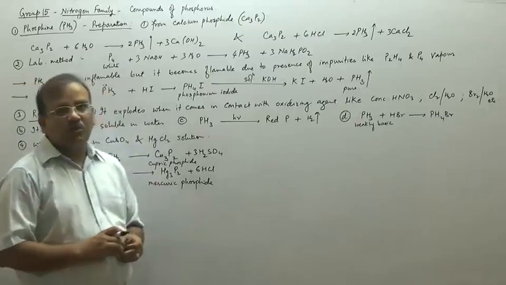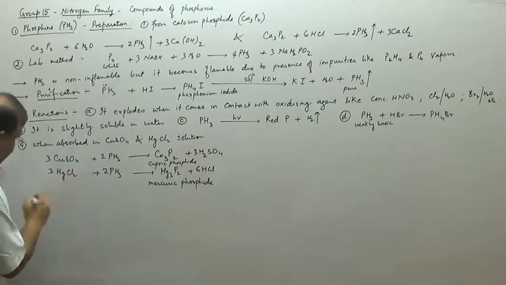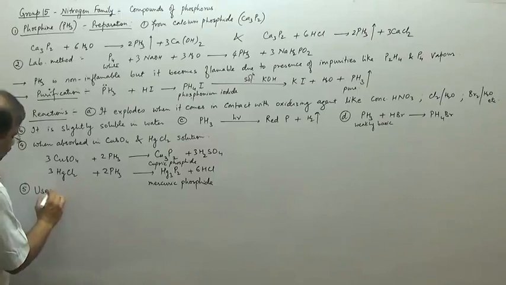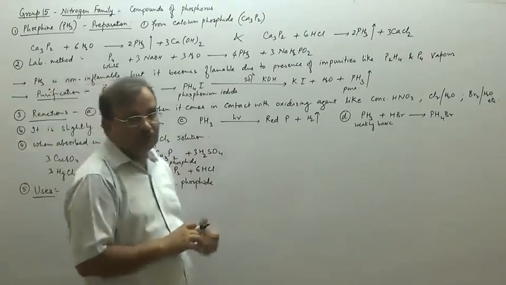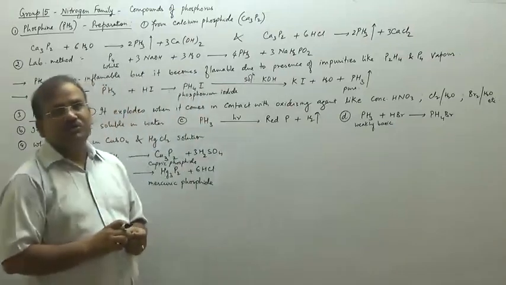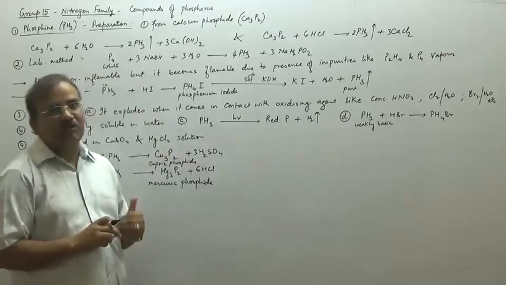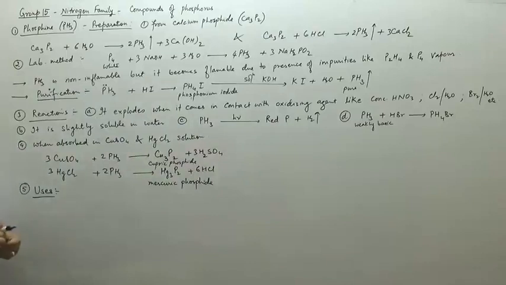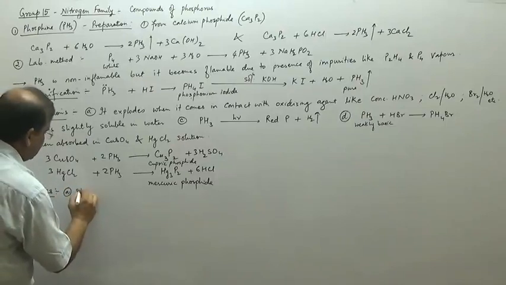Now we can write what the uses of phosphine are. Generally, phosphine is a weak Lewis base, we know that, but it is used as a Holmes signal. The Holmes signal is the spontaneous combustion of phosphine.